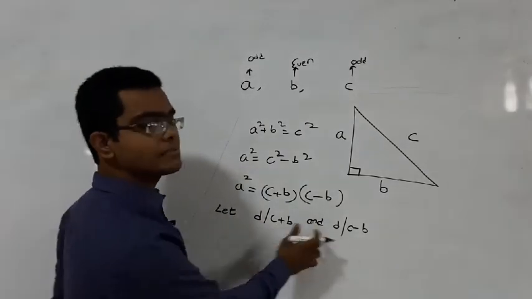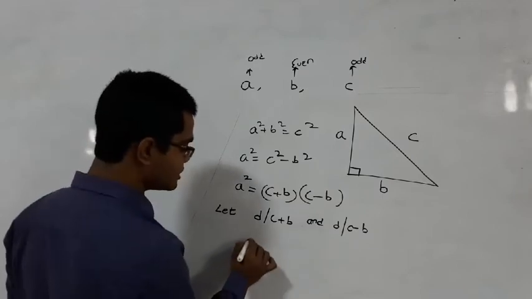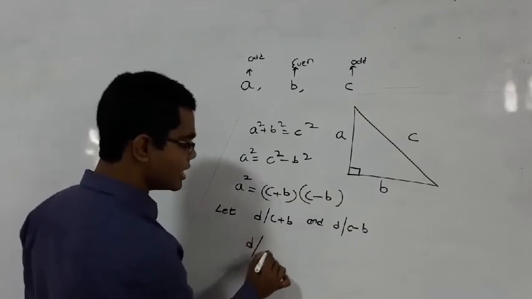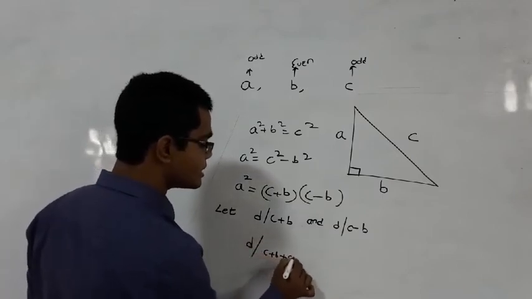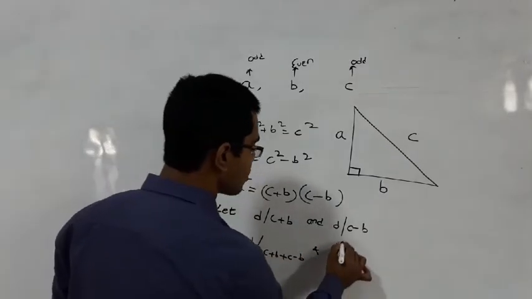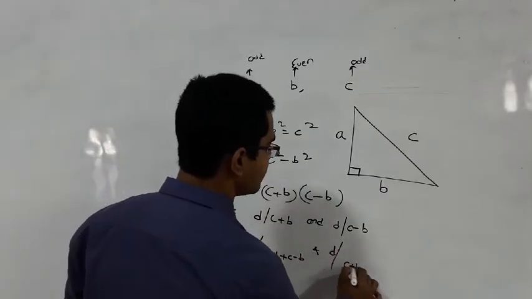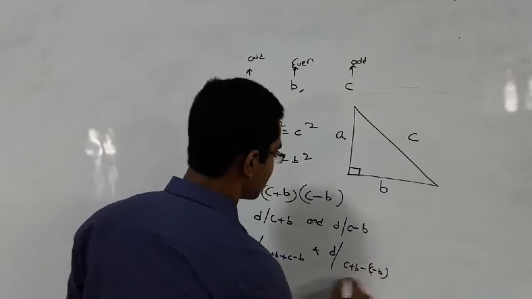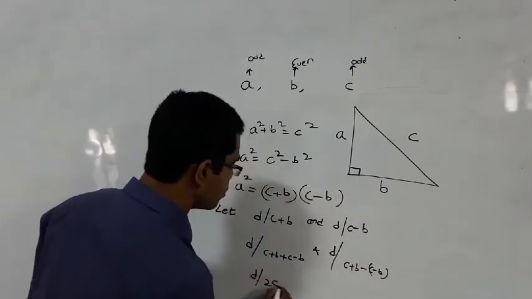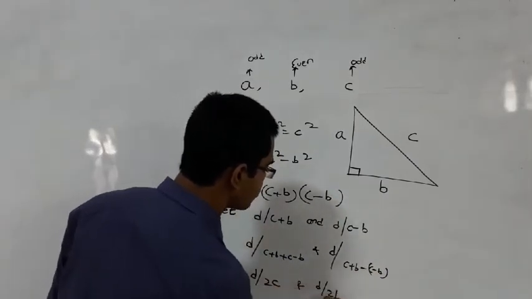D divides C plus B and D divides C minus B. What it means is D is going to divide C plus B plus C minus B, and D is also going to divide C plus B minus C minus B. That means D is going to divide 2C and D is going to divide 2B.